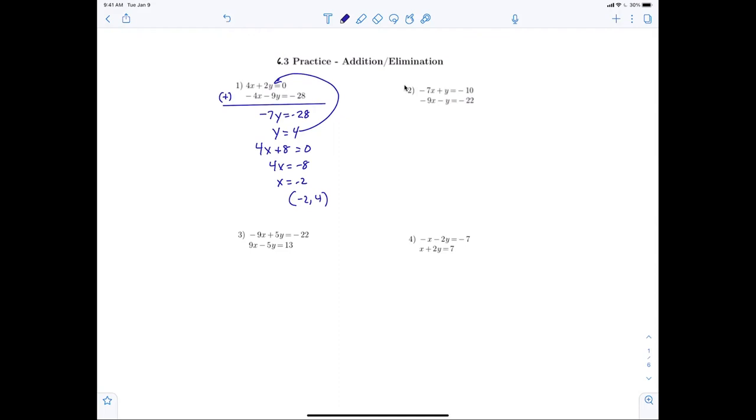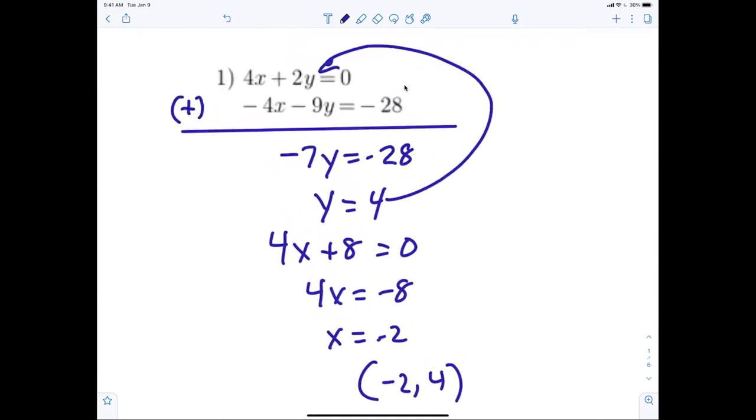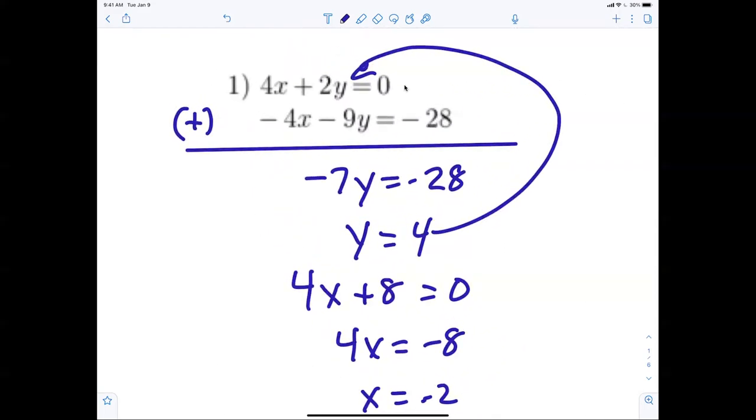Come on, Luca, look up on the board. What did I tell you to do? You said, add them. So are you having trouble adding them? So you had 4x and plus 4x? Where do you see a 4x plus 4x?